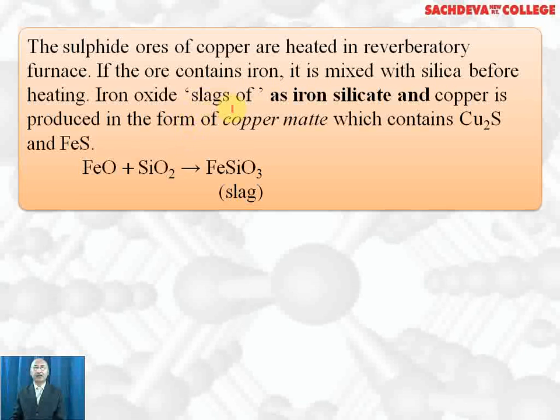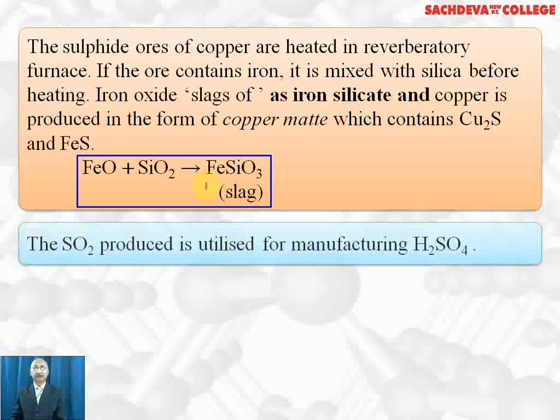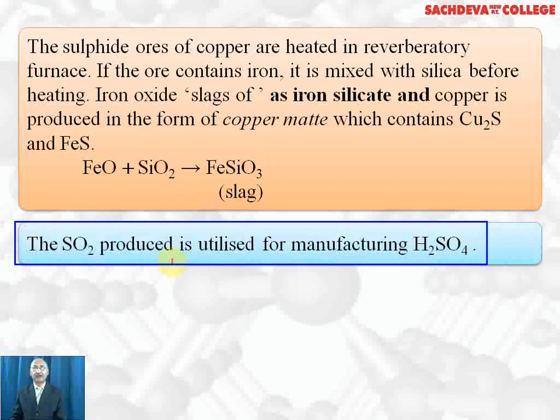The iron oxide forms a slag, iron silicate, and copper is produced in the form of copper matte. Copper matte consists of Cu2S and FeS. FeO plus SiO2 gives FeSiO3. The sulfur dioxide formed in the roasting process is used for manufacture of sulfuric acid, which is a most important chemical.